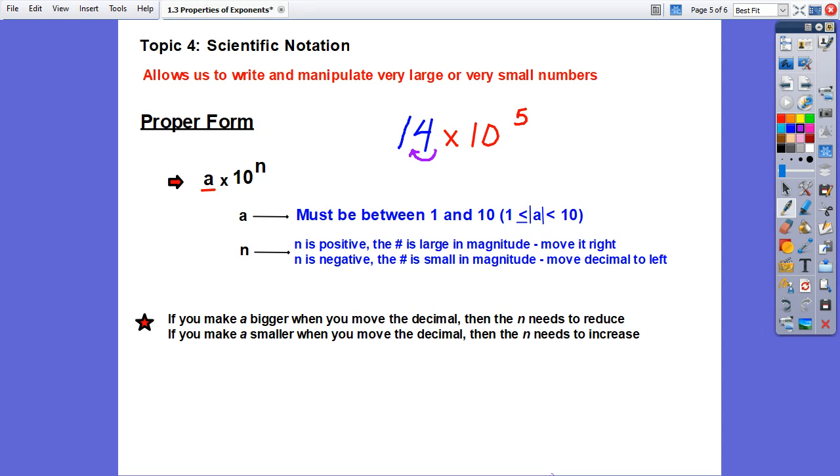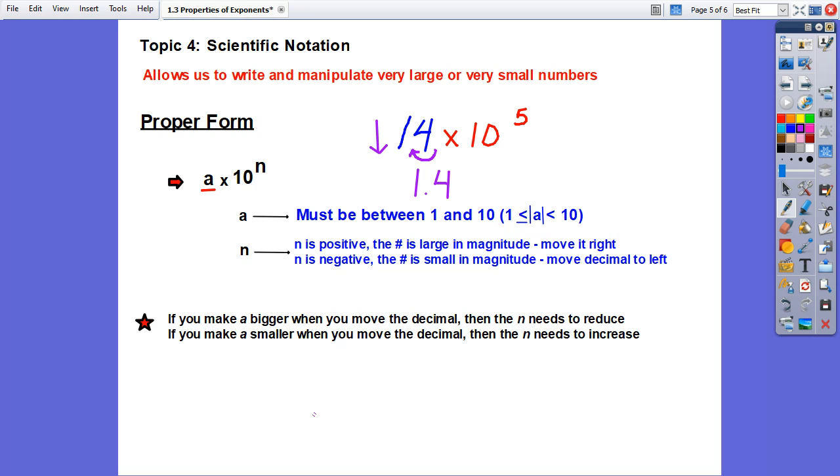But here, moving to the left doesn't shrink things. Once it's in scientific notation, we need to not look at it as right and left with positives and negatives. What we want to do is think about this. I started with it being 14, and when I moved the decimal over, I made my value shrink or go down. So I made it smaller.